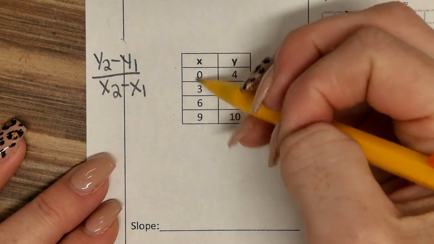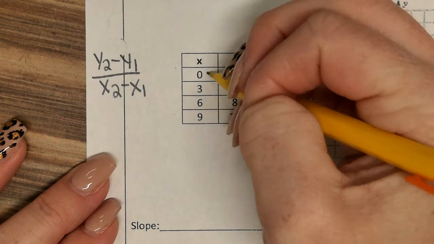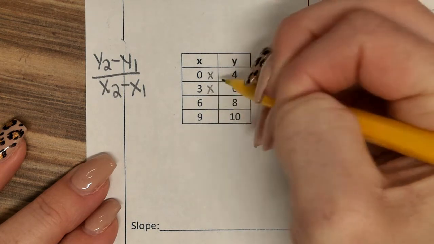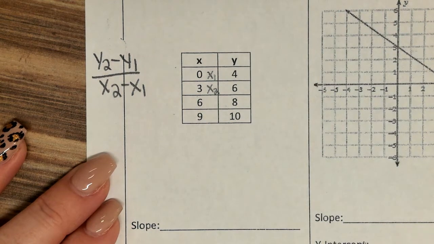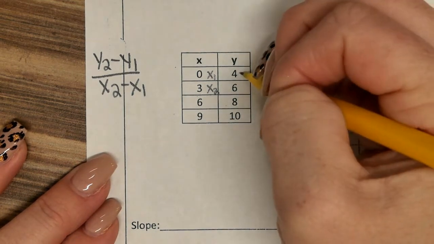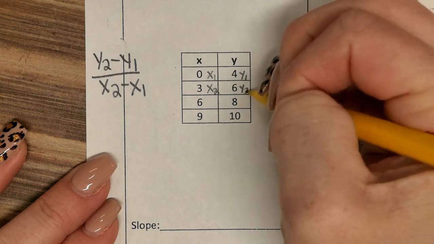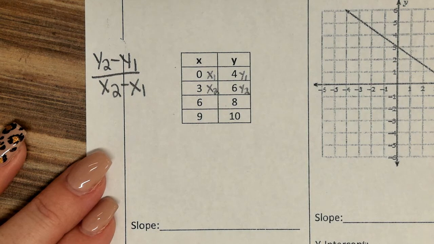So these are all what? These are all x's, so I have to label this x and this x. So I'm going to call this my first x and my second x. These are all y's, so I'm going to call this my first y and my second y. Once you are there, you simply put in the numbers to the formula.